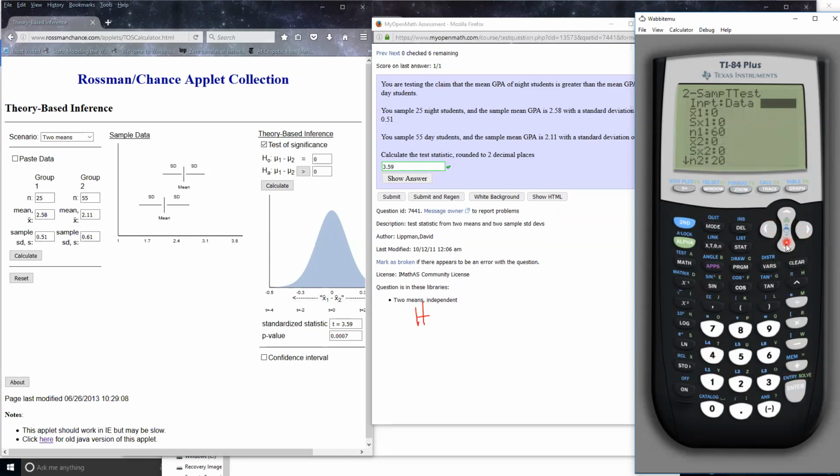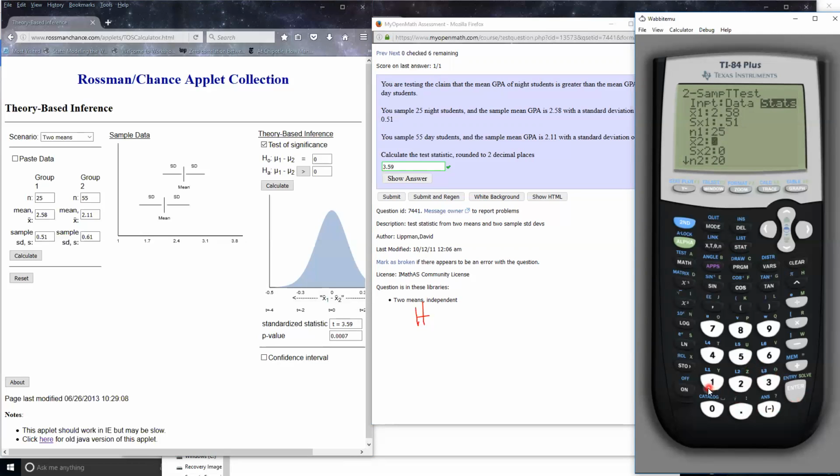I've got stats. X bar 1 was 2.58. And standard deviation for the night students was 0.51, and there's 25 of them.